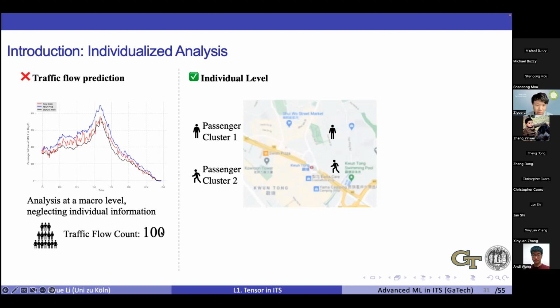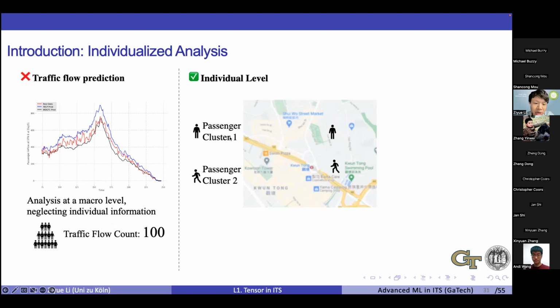We only look at the macro level 100, but we don't care how different the 100 passengers behind the number are. That's why here we focus more on individual level analysis.